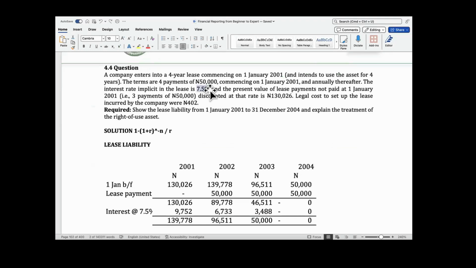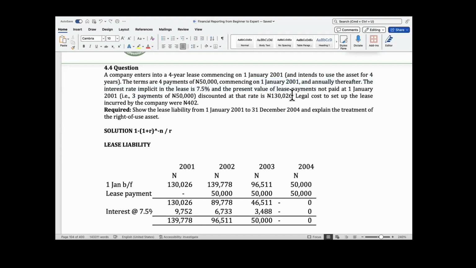The interest rate is 7.5%. They give us the PV of lease payments not paid at 1st January 2001. That is 3 payments of 50,000 discounted at that rate, 130,000. Okay. So why are they giving us the PV of just 3 payments where we are supposed to make 4 payments? The only reason is this: because the rent is paid at the beginning of every year.